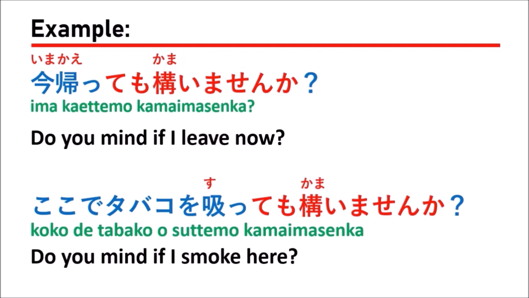For the second sentence, you see that they use the verb su. Su means smoke, right? And they say タバコを吸っても構いませんか？ Which means you want to ask somebody whether there are any problems, or may I or can I. And when they say ここでタバコを吸っても構いませんか？ it means do you mind if I smoke here, or may I smoke here?